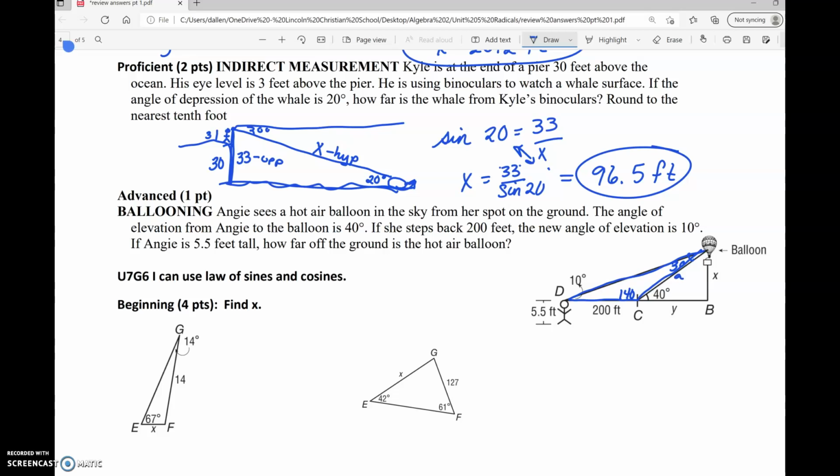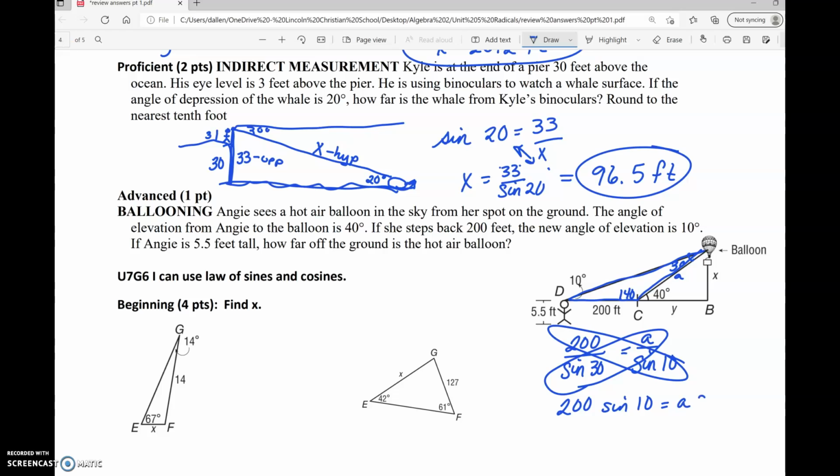Opposite of 30 is 200, so it'd be 200 over sine 30 equals a over sine 10. Then cross multiply, so we have 200 sine 10 equals a sine 30, and then divide by sine 30.